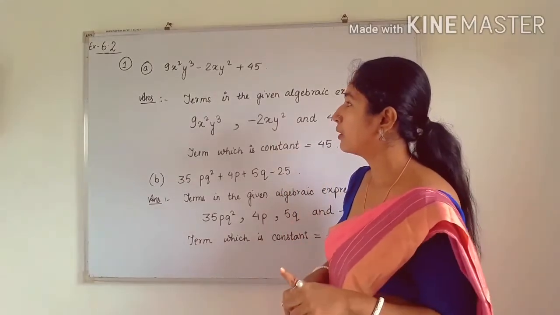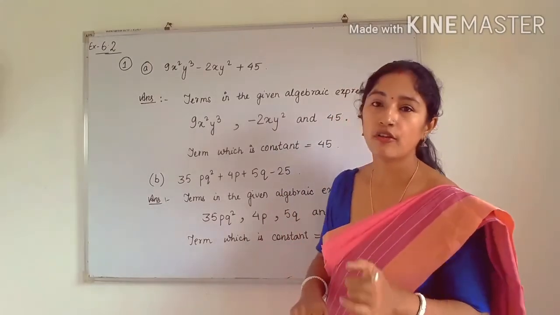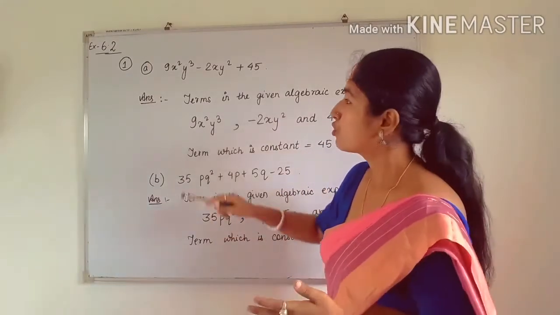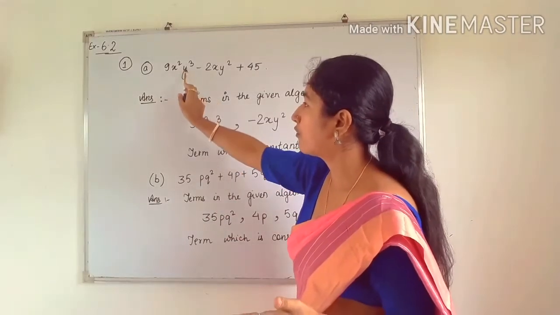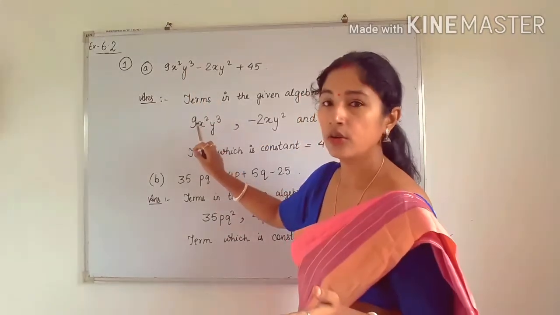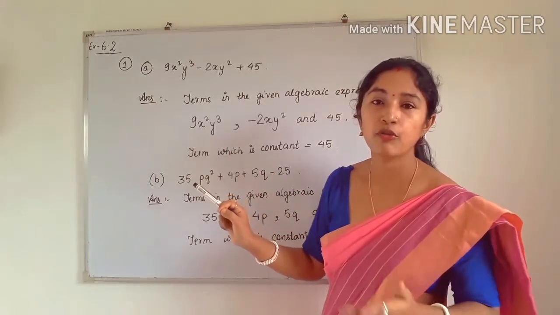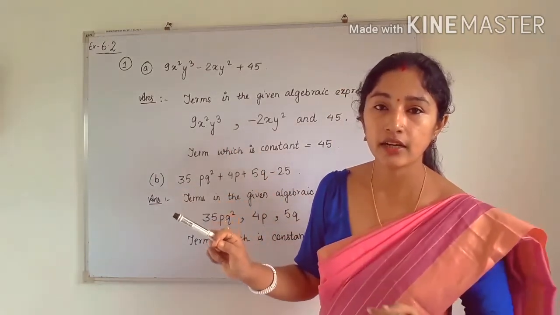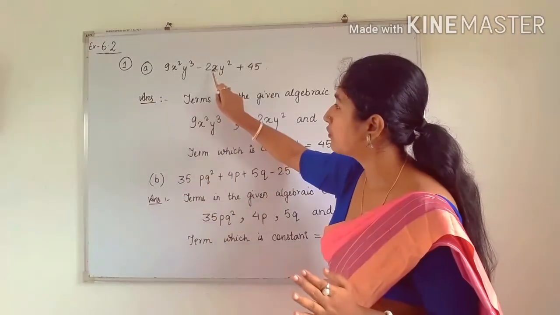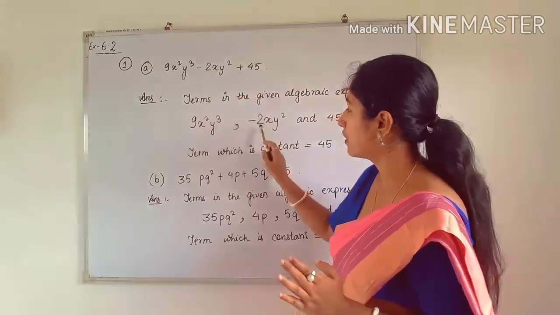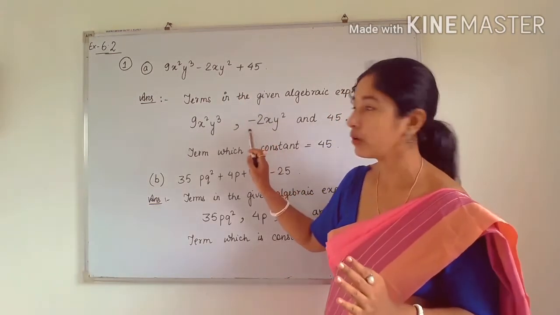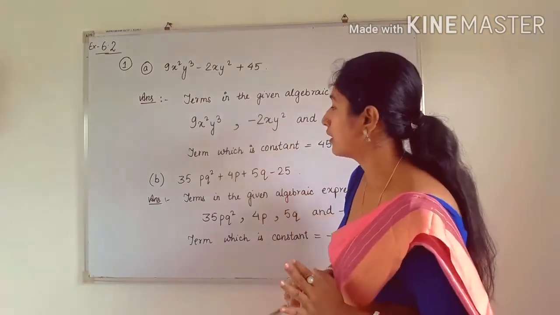And one thing remember, here it is given that you have to write it with variables. So the variables which are given you have to write along with it. And if there is a negative symbol which is present before any term, you have to write that negative symbol also. So see here, before 2x y square minus symbol is there, so you need to write that one. That is the most important thing.